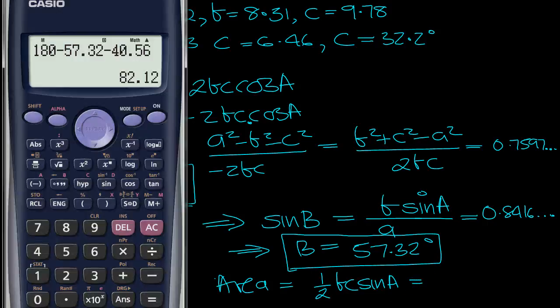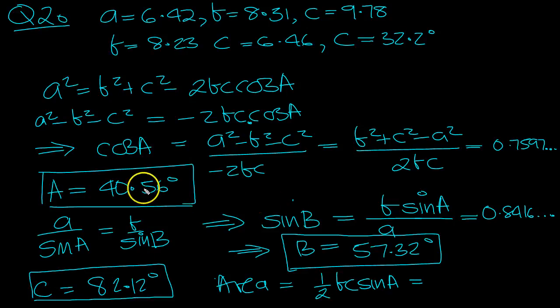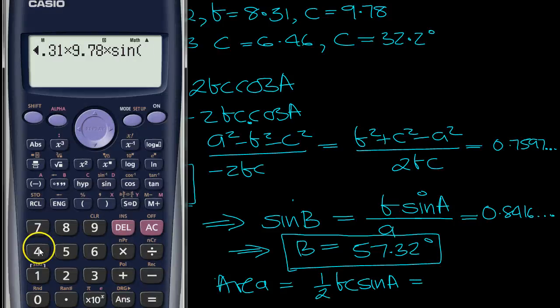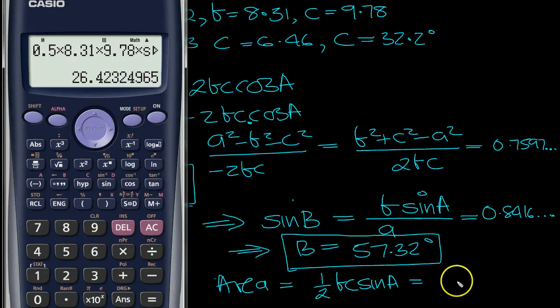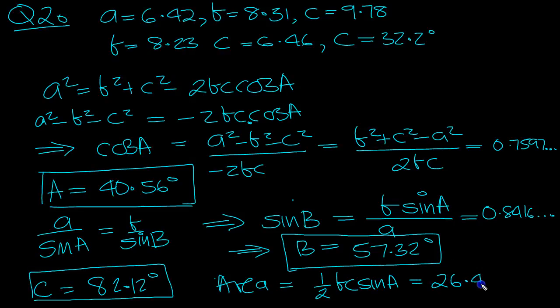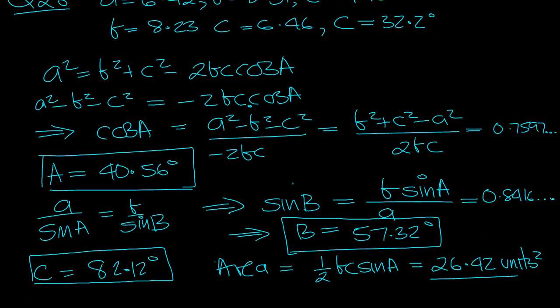So it's half, 0.5, times B, 8.31, times C, 9.78, times sine of the angle A, 40.56. 26.42 units squared. So that's more accurate again, probably, than what's in the notes. Okay, question 2, part 1.